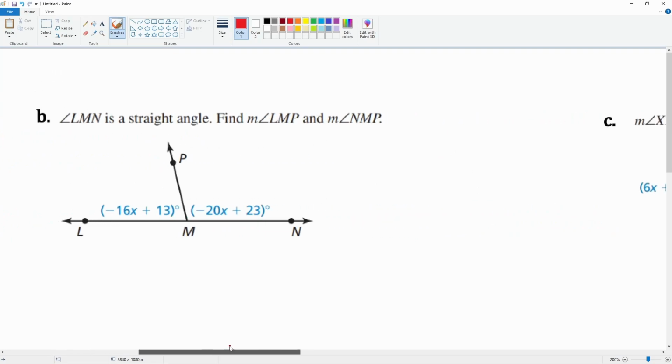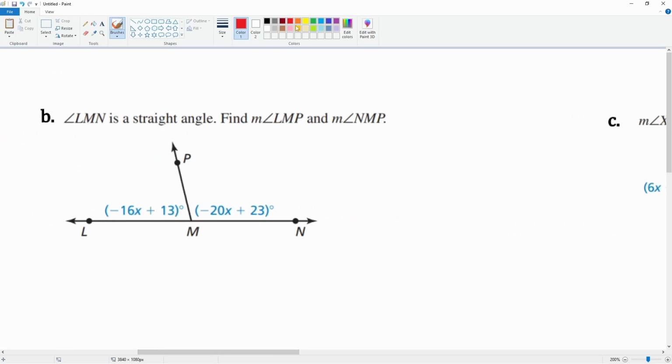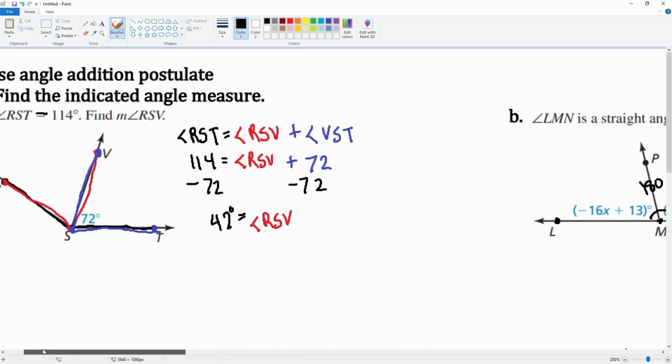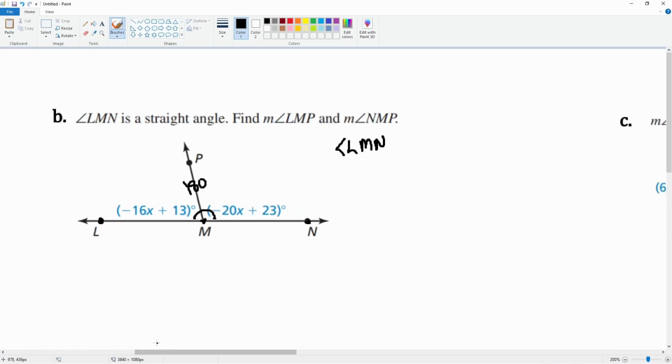Let's look at B here. Angle LMN is a straight angle, so let me color code that for you. Angle LMN, which is straight, means it totals 180 degrees. Is that what it's asking for here? Yep. Then it is made up of two angles.